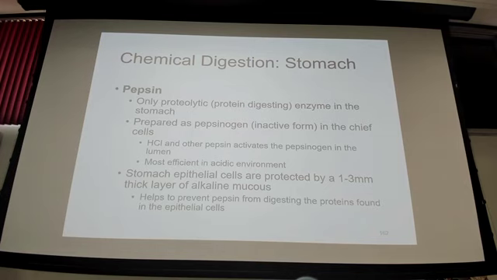Again, a minimal contributor to lipid digestion. Pancreatic lipase is the major player in that one too. So again, this is a prelude to getting it into the duodenum where it's going to come in contact with the sphincter of Oddi, which is where the hepatobiliary pancreatic stuff comes into play.